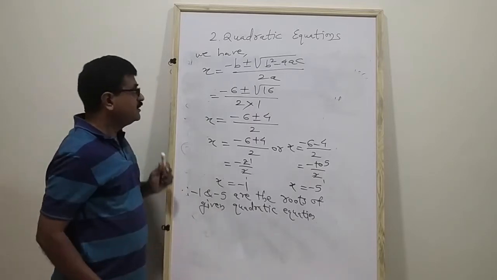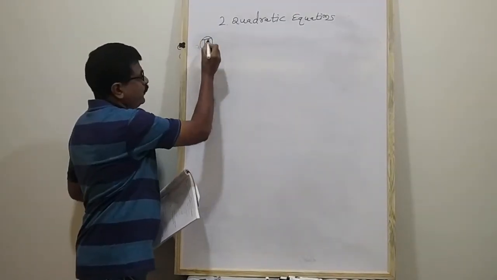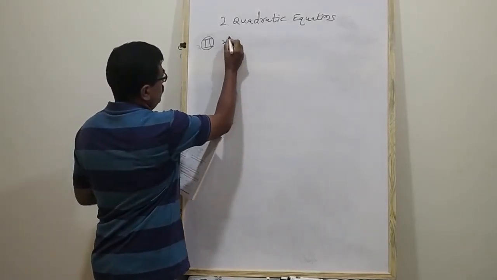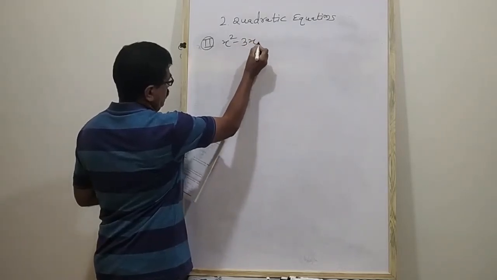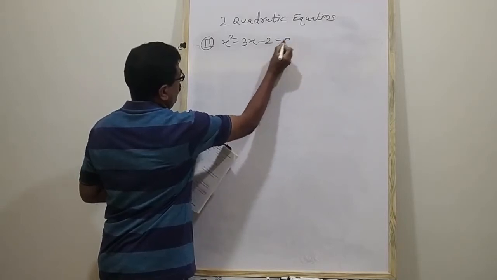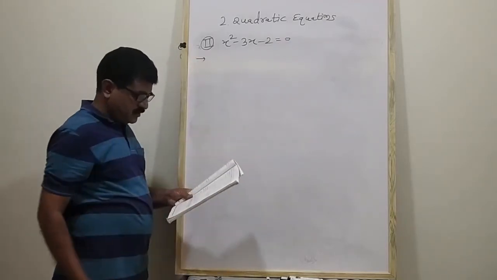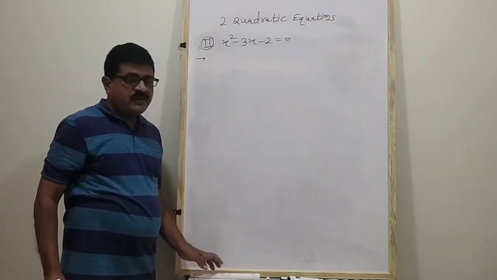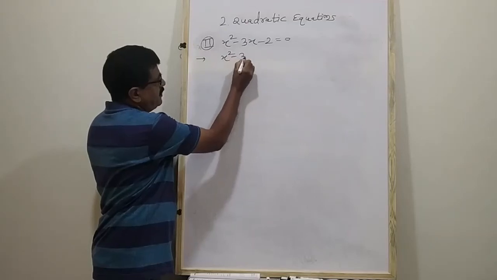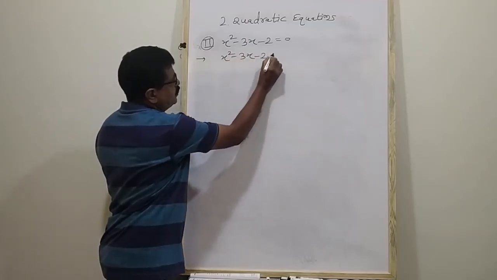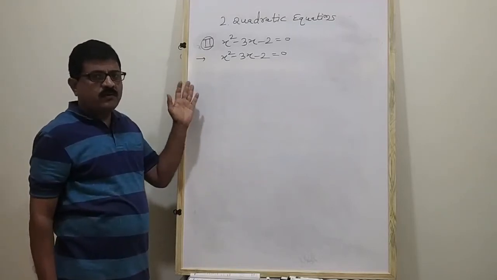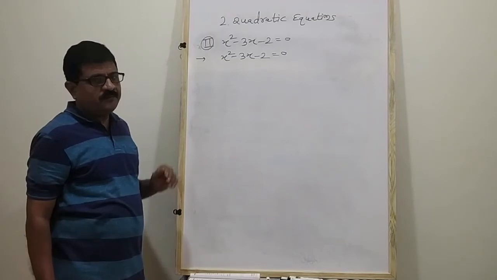This is the first question, number 2. x square minus 3x minus 2 is equal to 0. Now first write down the given equation as it is, that is x square minus 3x minus 2 is equal to 0. Now in first step we have to find values of a, b, c.